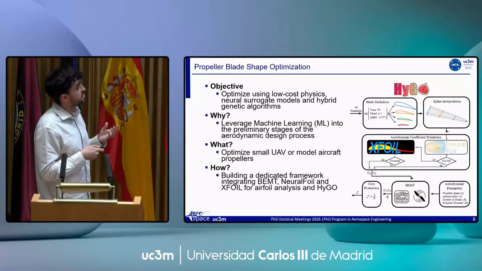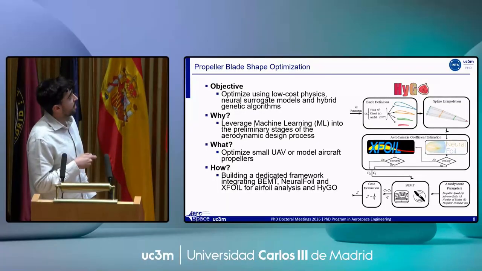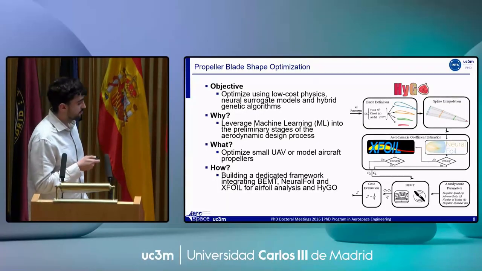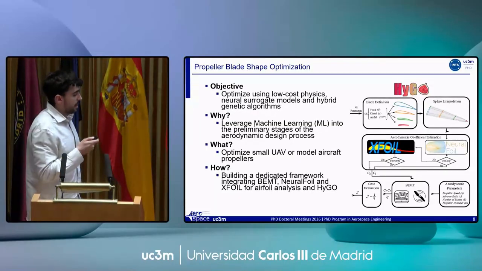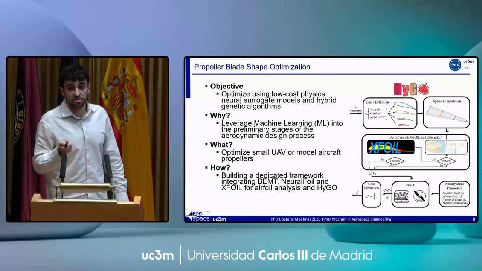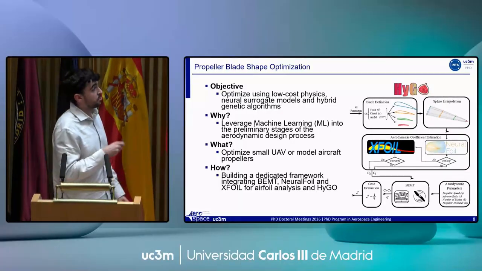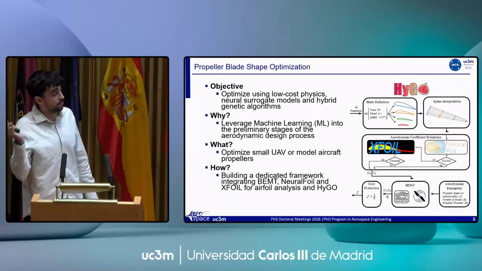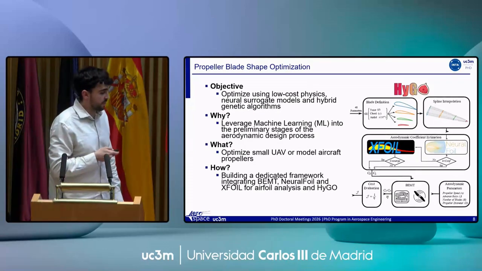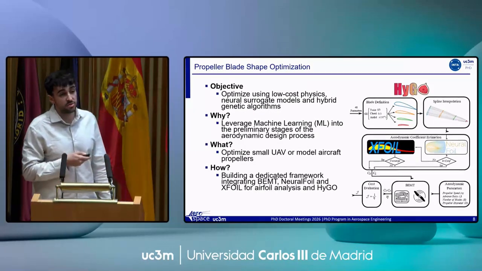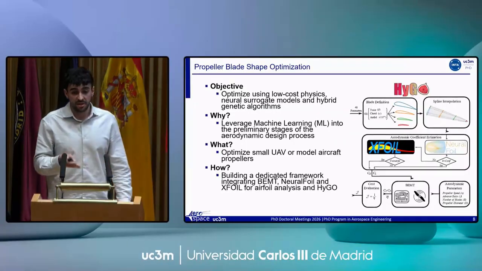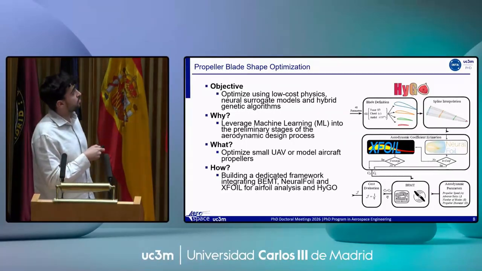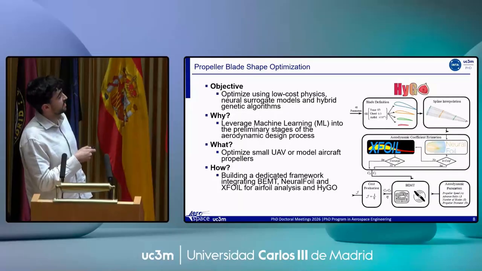The objective of the optimization was small UAV propeller blade shapes. And to do this, I built my framework. The propellers are generated from 48 design variables distributed in 4 control sections and then propagated to generate the rest of the blade. And the propeller is evaluated using the blade element momentum theory. The airfoil evaluation strategy needed for the blade element momentum theory was hybridized.